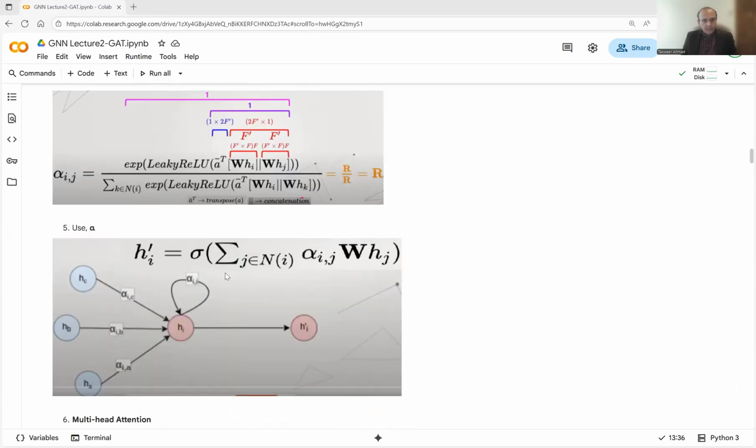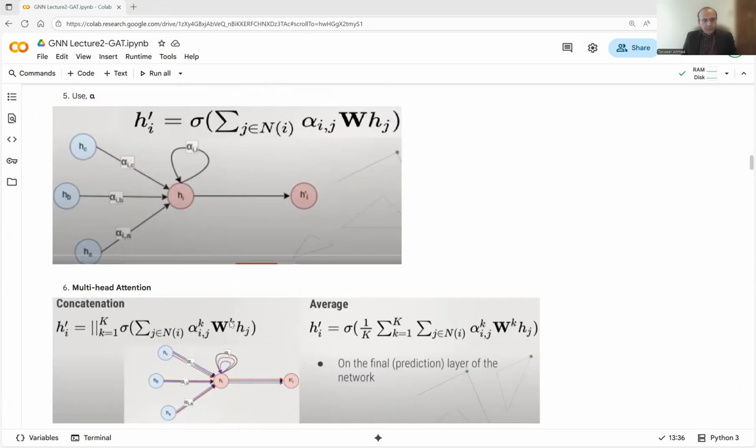So this is a better representation: we have Whj, the node feature j, multiplied with the coefficient alpha, and then we apply a nonlinear activation function. For each node, we have alpha A, alpha B, alpha C, etc. This is a single-head attention.